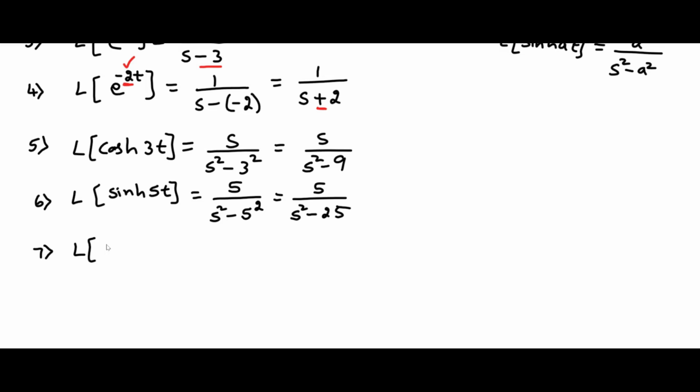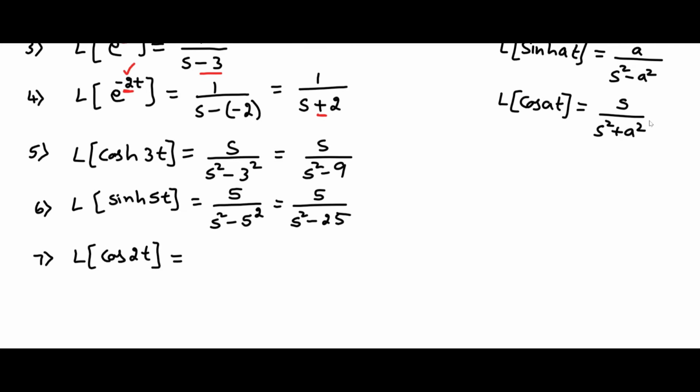Next, Laplace transform of, say, cos of 2t. The formula for Laplace transform of cos at is nothing but s by s square plus a square.